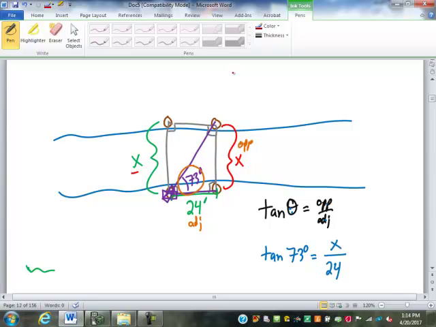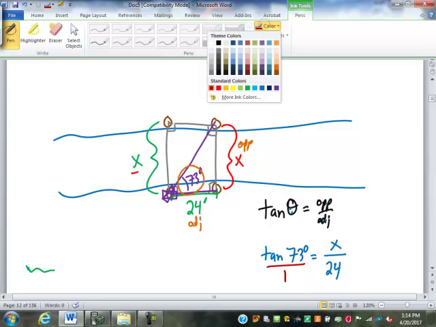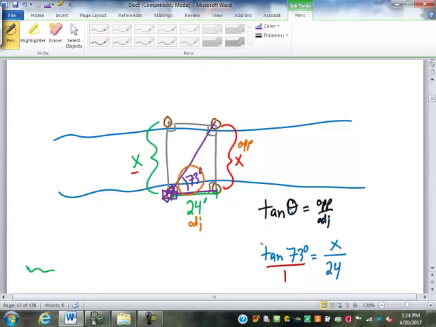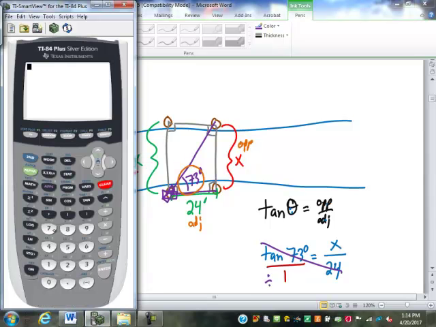But I'm looking for a side, and when we're looking for a side, we make this into a proportion, and we do that by putting the trig function over 1. And once it's a proportion, we cross multiply and divide. So it's tangent of 73 degrees times 24 divided by 1. Make sure you close those parentheses.